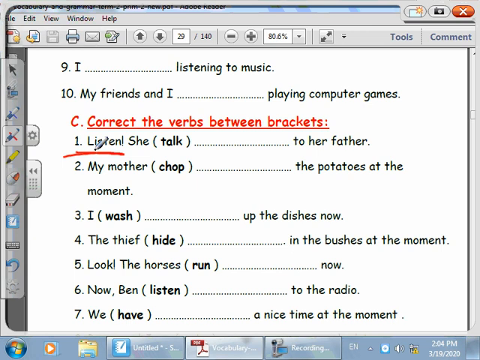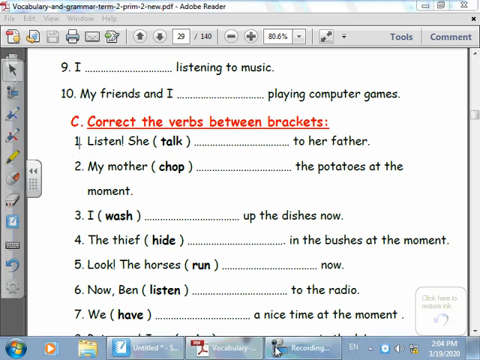Number two: my mother chopped the potatoes at the moment. At the moment, this is the key word. I want you to underline it or highlight it as you wish. My mother is chopping. Chopping means she's cutting, she's making slices of potatoes. My mother is chopping the potatoes at the moment. Very good. Let's move to another kind of exercise.